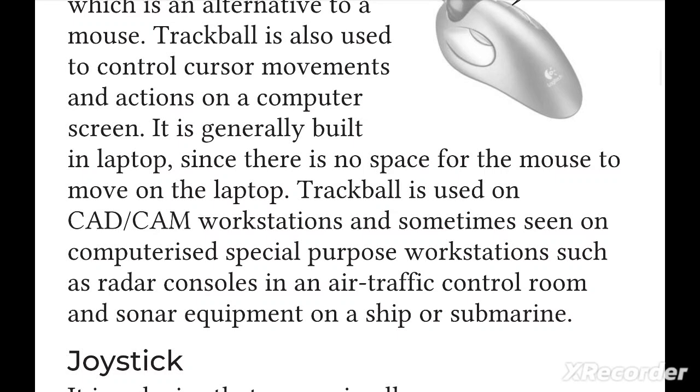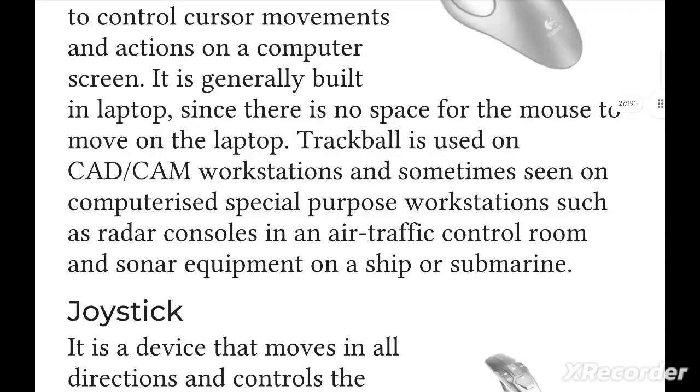Trackball is used on CAD and CAM workstations and sometimes seen on computerized special purpose workstations such as radar consoles in an air traffic control room and sonar equipment on a ship or submarine.